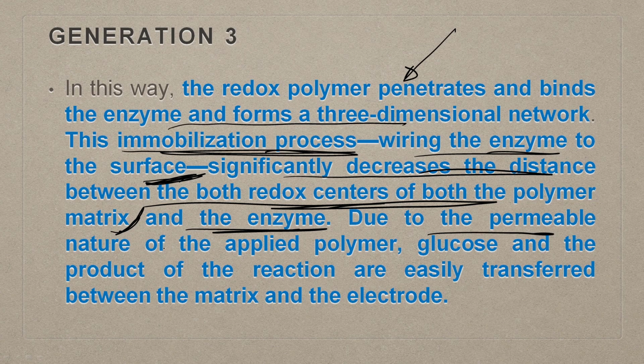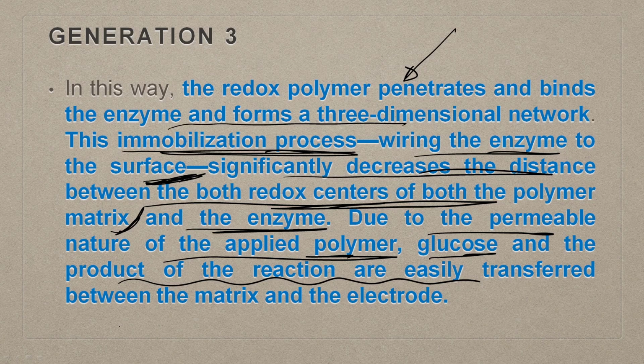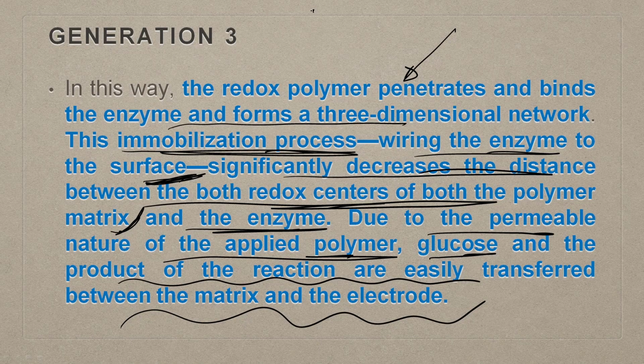Due to the permeable nature of the applied polymer, glucose and the product of the reaction are easily transferred between the matrix and the electrode. So, it is a very unique solution using a molecular wire able to reach the active site where the real electron transfer is happening and pulling the signal from that.